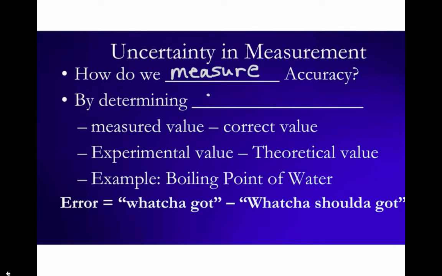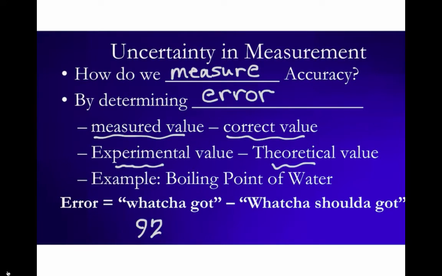By determining the amount of error, we can describe how far off our measured value is from the correct value in our measurement. So, in other words, we take the experimental value that we discovered by our experiment and we subtract the theoretical value from it so that we can see how much difference there is. For example, water in Colorado Springs, since we're above sea level, boils around 92 degrees Celsius.